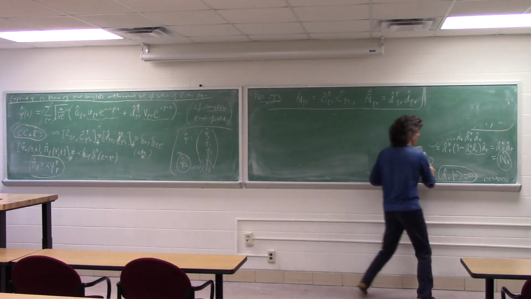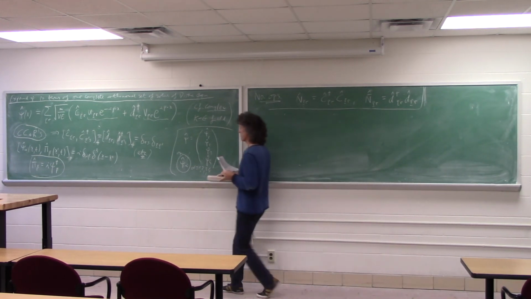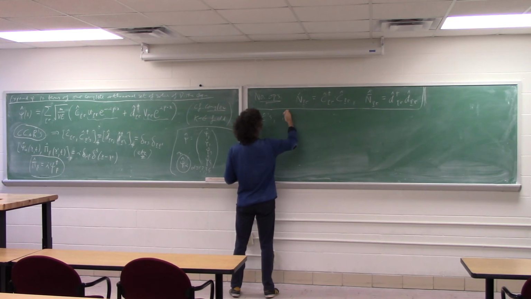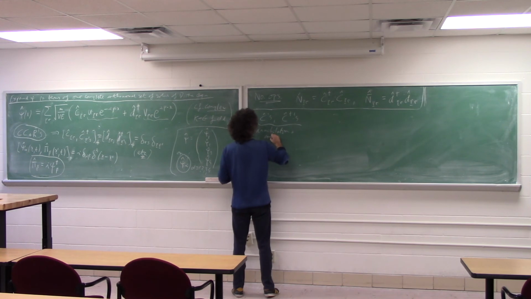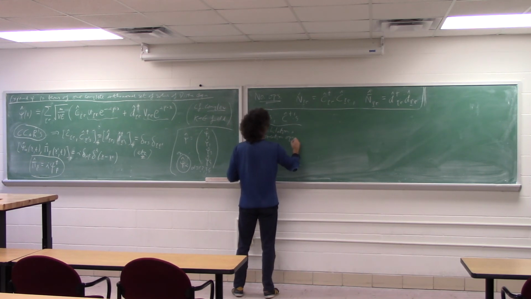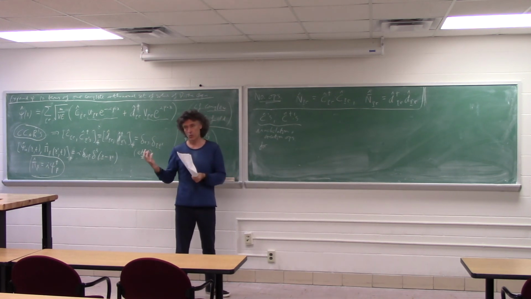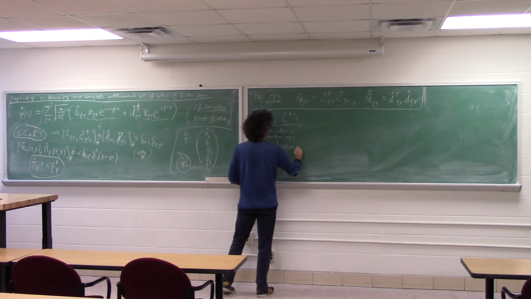So we have the C's and C daggers, annihilation and creation operators for one kind of particle which turned out to have one sign of charge. We're going to call them electrons. We're going to identify them with electrons.